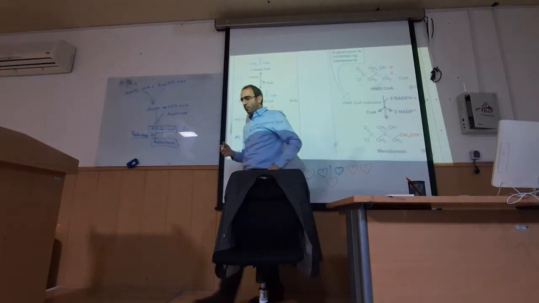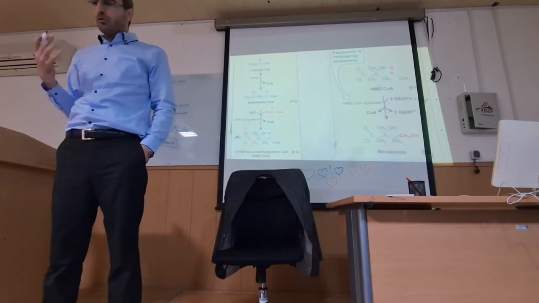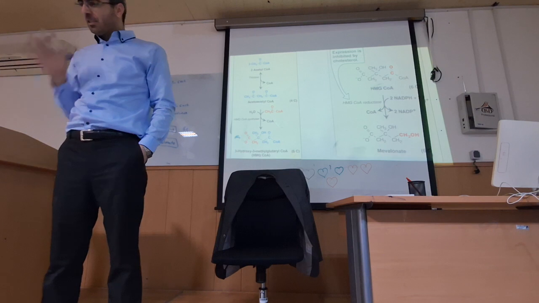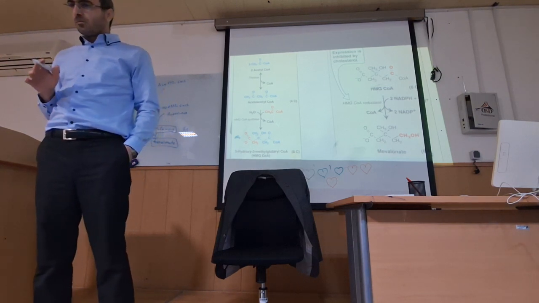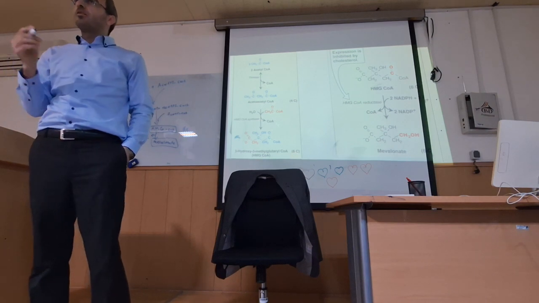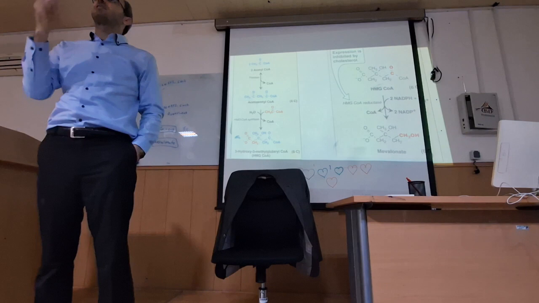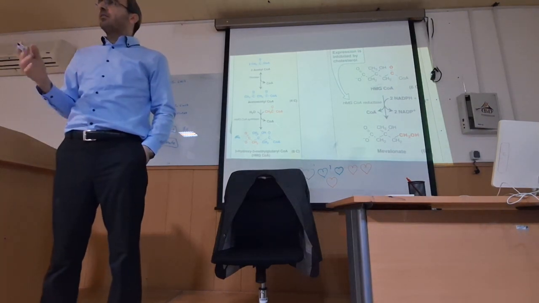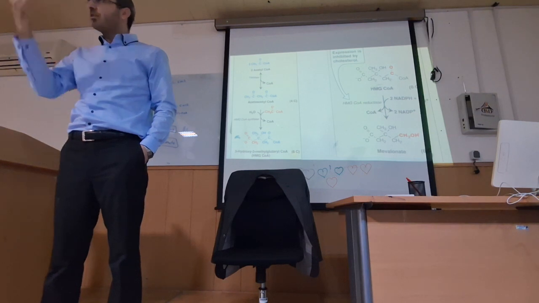So if you are a medical doctor and you are going to use a drug for decreasing cholesterol synthesis, what should you do? Use an HMG-CoA reductase inhibitor. What are they? They are statins. All kinds of statin: mevastatin, pravastatin, simvastatin, all of this family.